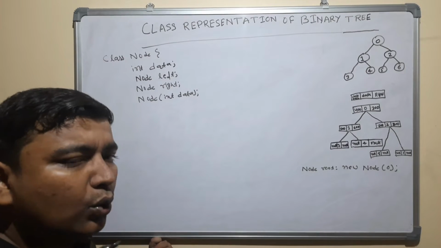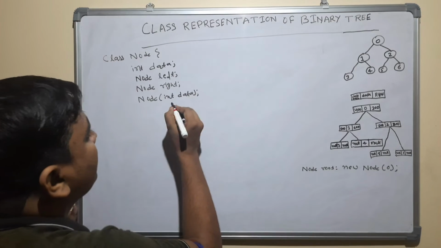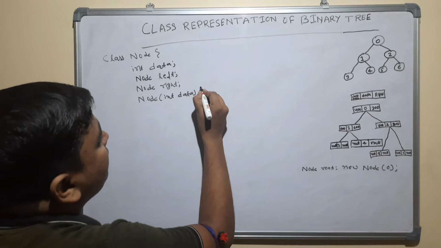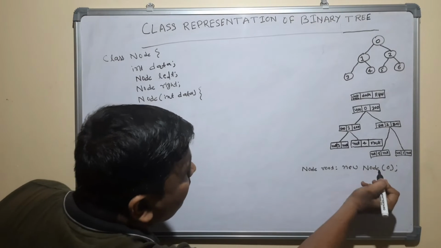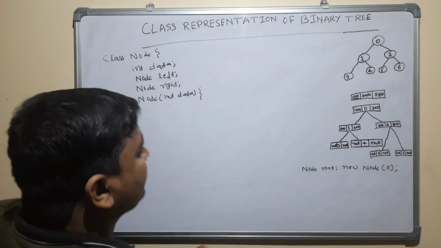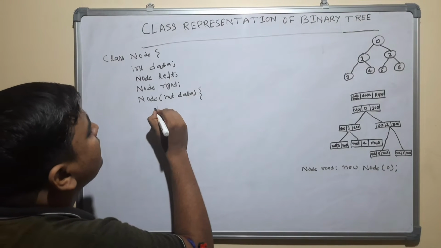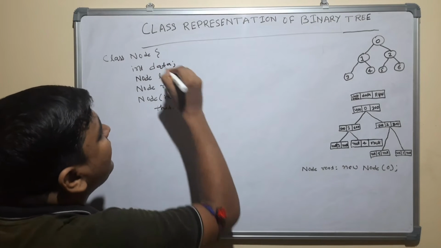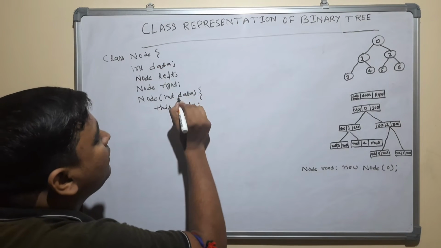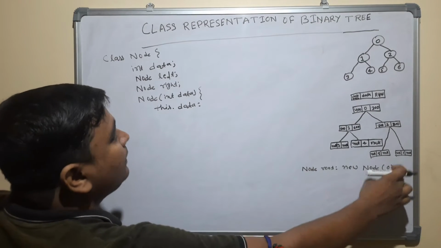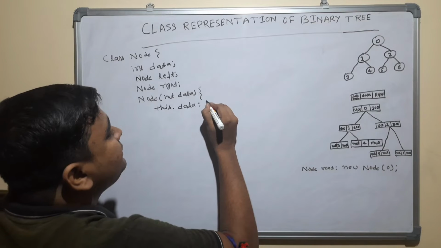So we want to create one node. When we write like that, we are calling the constructor. When we call this constructor, we will initialize these values from whatever is passed to this function.